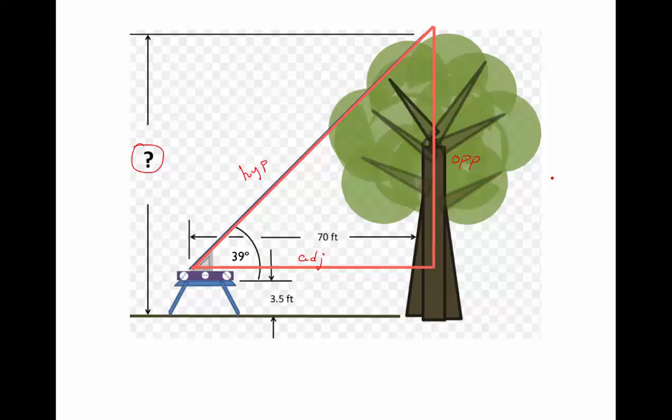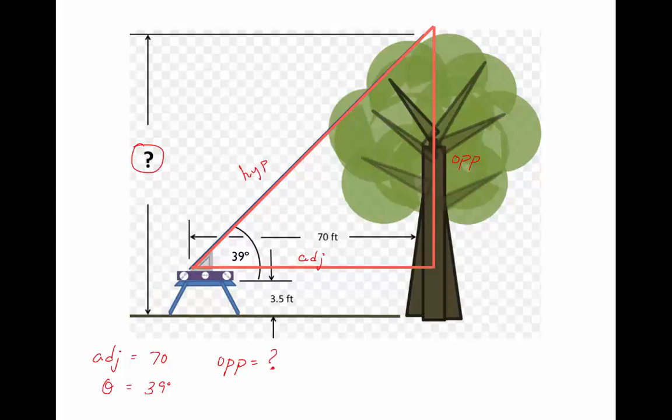Okay, so then you identify what you have and what you don't have that you want to know, and you pick the right relationship. So what do we have? We have this 70. What is 70? That's our adjacent side. What else do we have? Theta. What do we want? We want opposite.